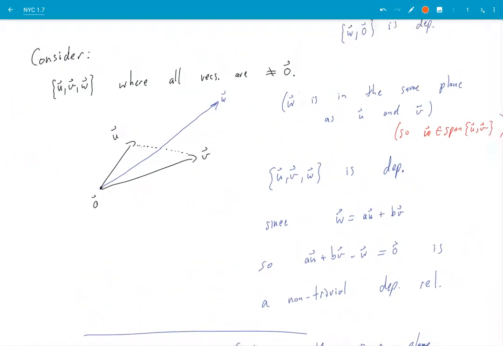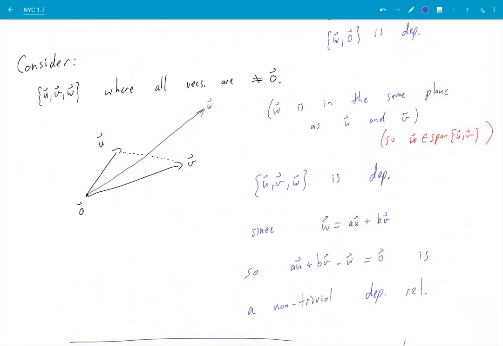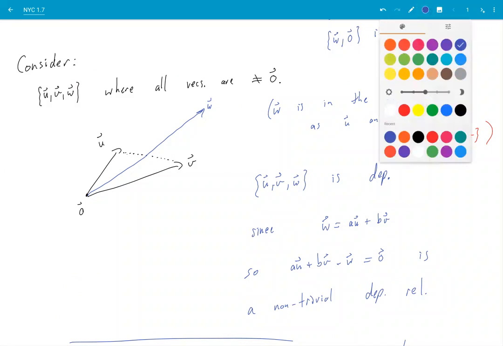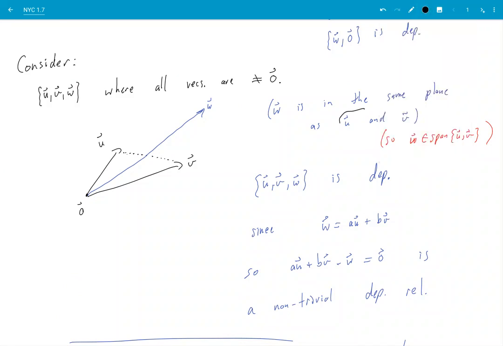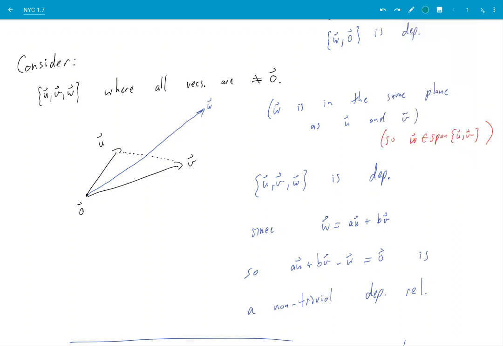Another change I want to make to your notes is I think I want to change my wording right here. So if you could erase U and V. So erase all that. Let's go back. So erase, go over in green maybe.